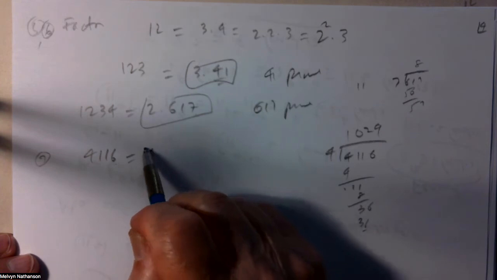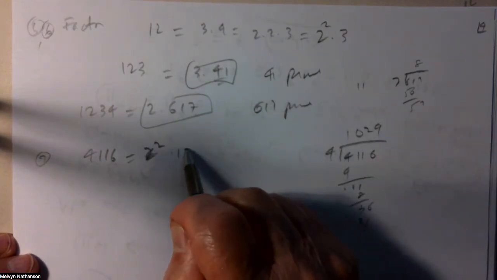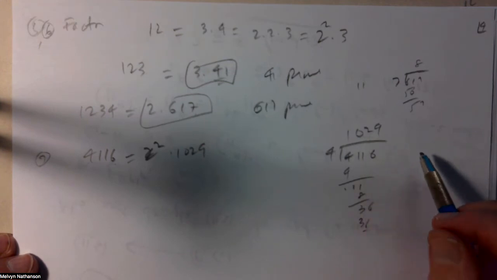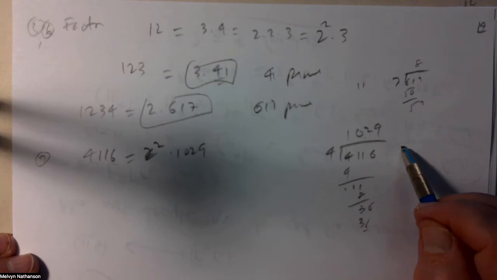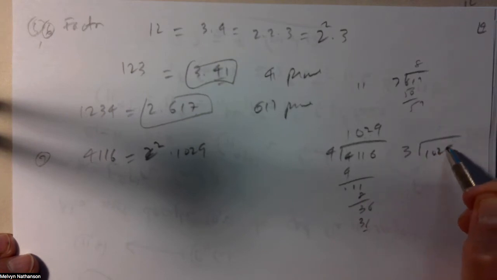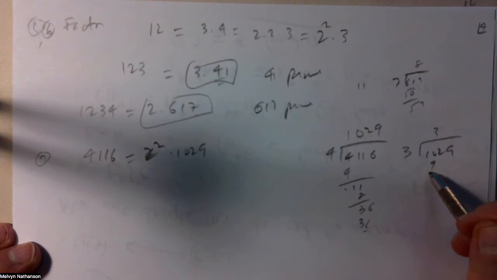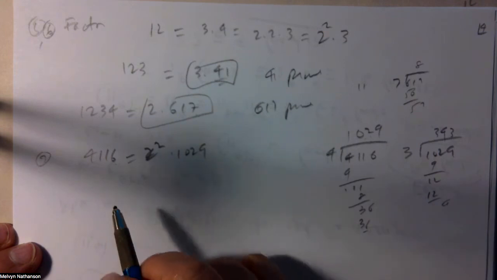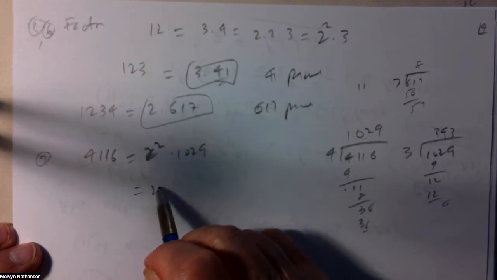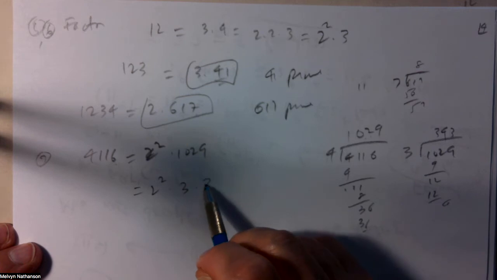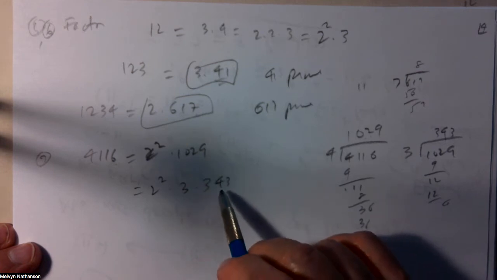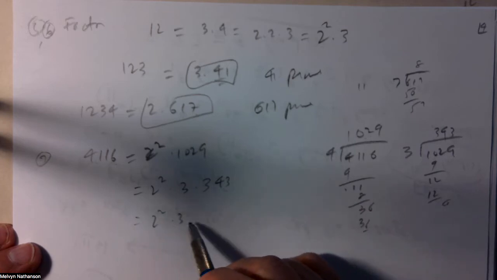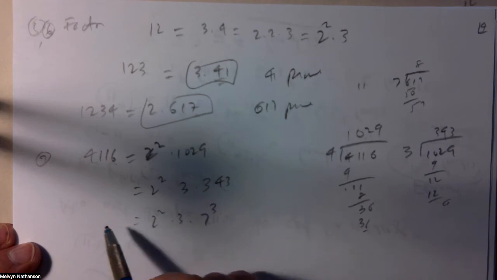So this is 4, or 2 squared, times 1029. Is 1029 divisible by 2? No. Certainly not divisible by 5. Is it divisible by 3? Yes. So this is 2 squared times 3 times 343. If I try to divide this by 7, I can. If I keep dividing by 7, I think this is exactly 7 cubed.